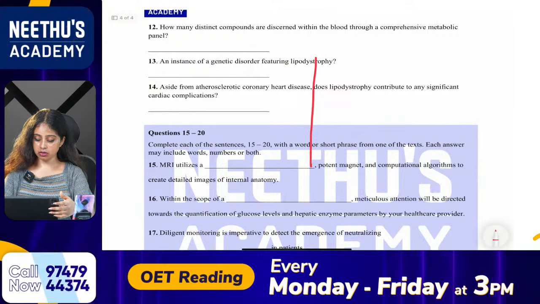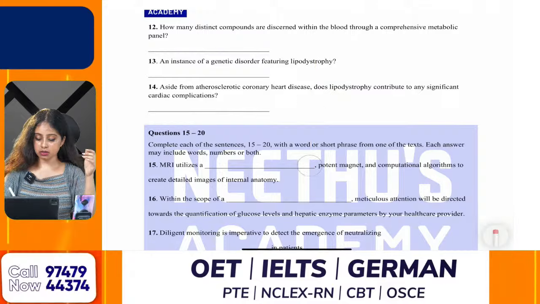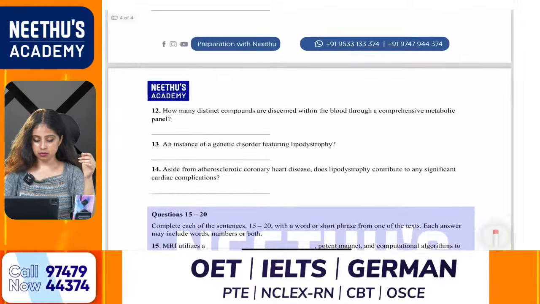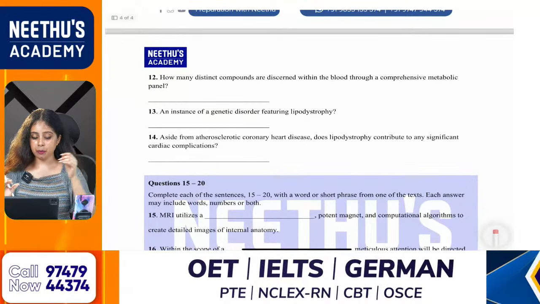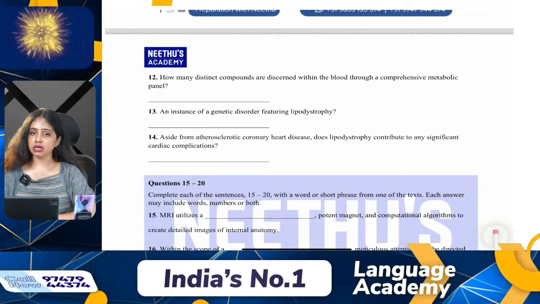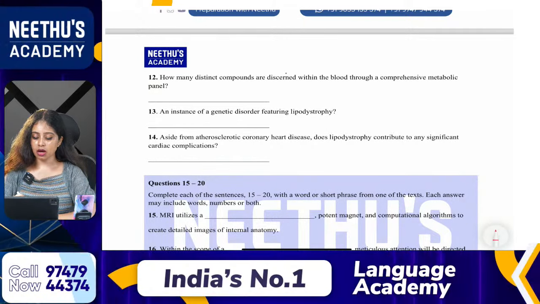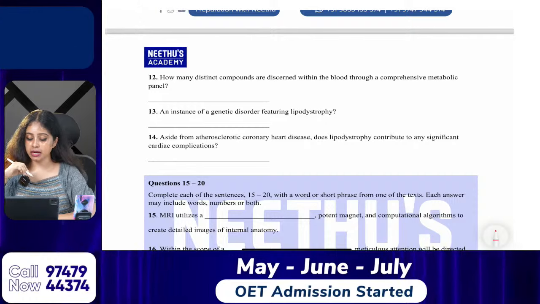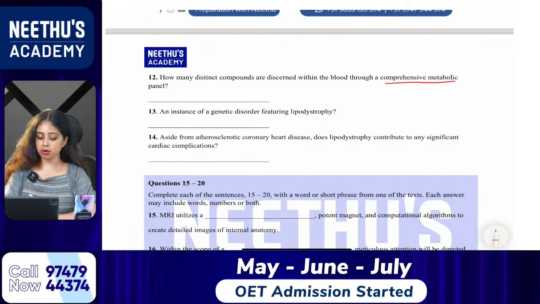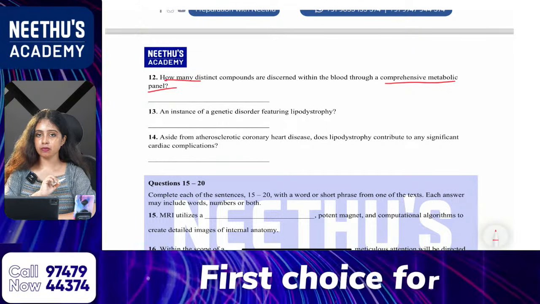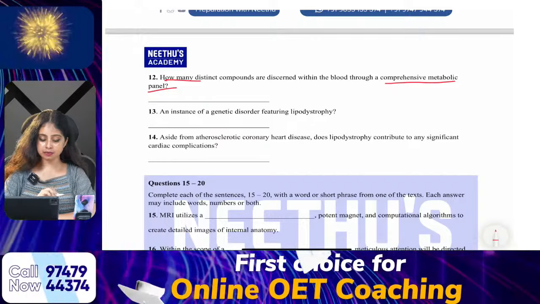Okay, so moving to the next question. Question number 12. So we need a number. How many distinct compounds are discerned within the blood through a comprehensive metabolic panel? How many? Any idea?